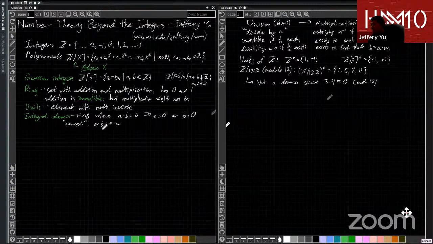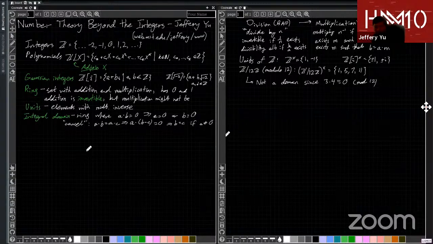You're not dividing by a, because the inverse of a might not exist. The way we cancel formally is we rewrite this as a times (b minus c) equals 0. Then that means either a is 0 or b minus c is 0. So if a is not 0, then you get b equals c, because b minus c is 0.